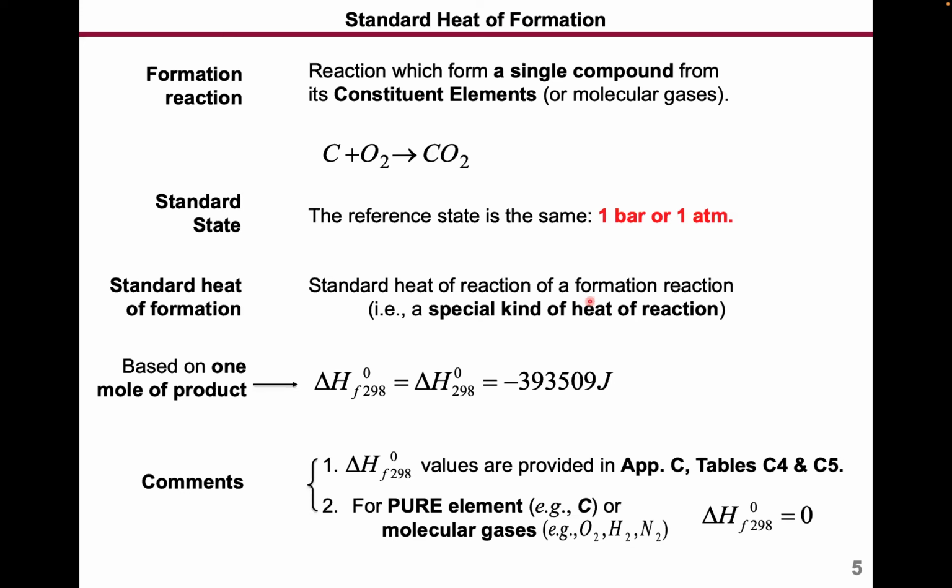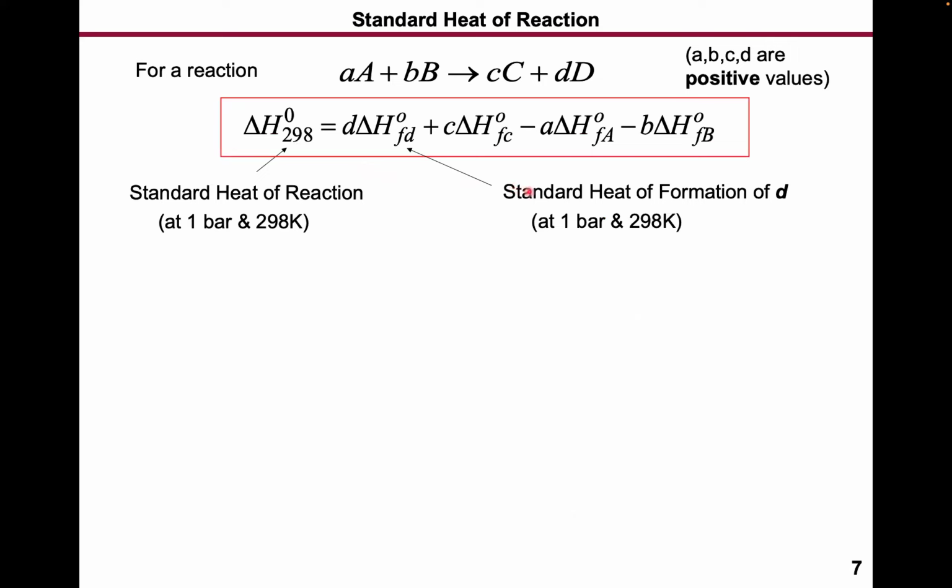Okay, all right. So just to recap, now we know how to find heat of formation, right? Remember, for a formation reaction, you require your reactants to be either elements or molecular gases. But for a general reaction, for example, the reaction that we showed at the beginning, it involves compounds: A is a compound, B is a compound as well, C is another compound, D is another compound, right?